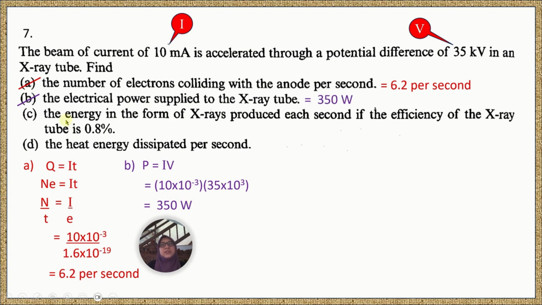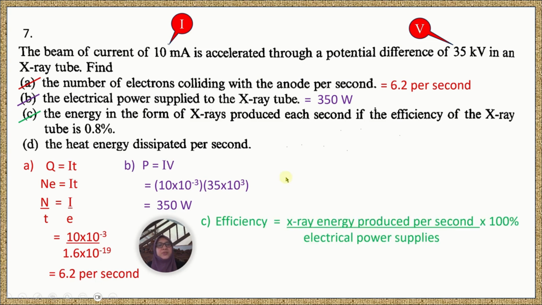Okay, for question C, the energy in the form of X-ray produced each second if the efficiency of the X-ray tube is 0.8%. So the efficiency is 0.8% only. So the power supply is 350 watt. So not all 350 watt or joule per second energy here is used to produce the X-ray. So the efficiency given is only 0.8%.